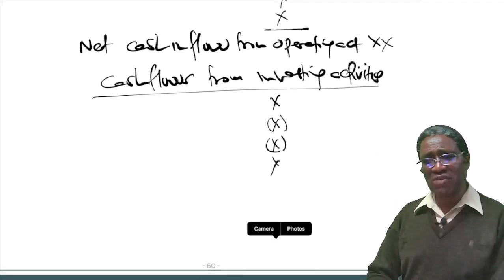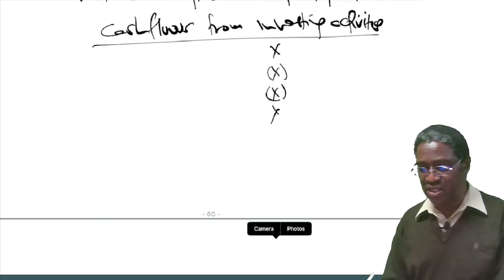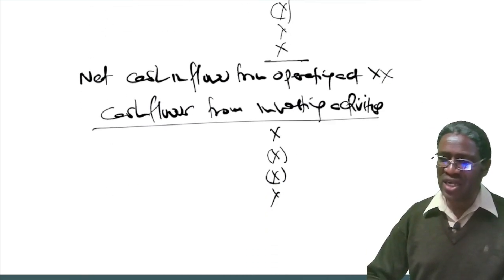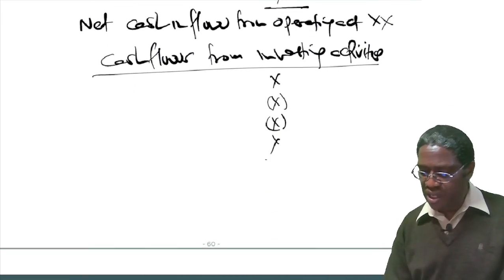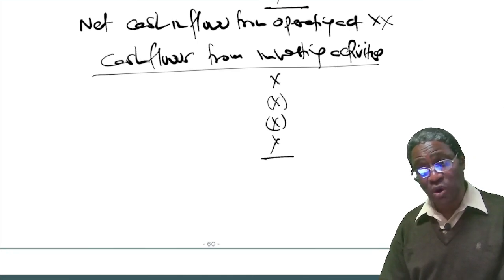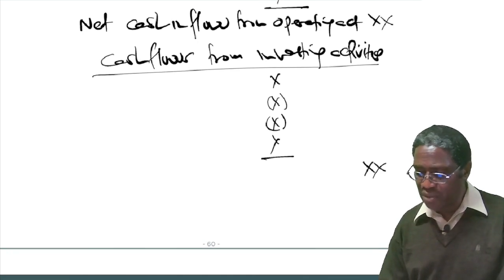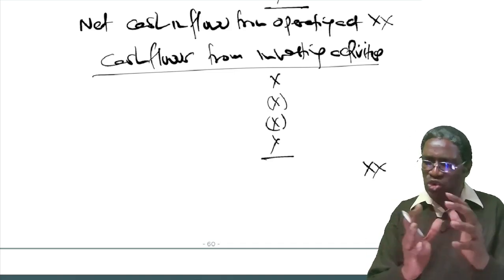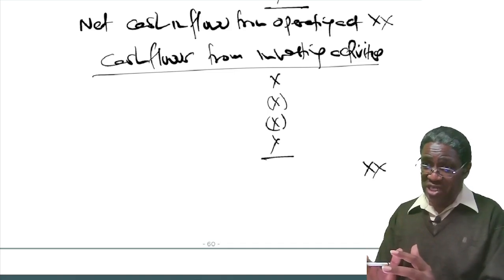Once you get them, get the net of all of them, and push that amount to the extreme. It could be positive or negative.